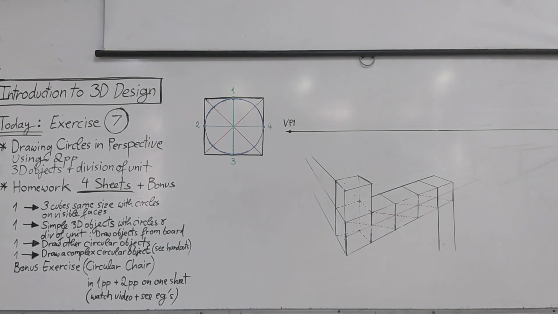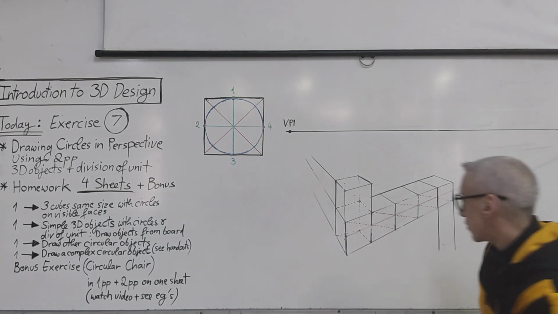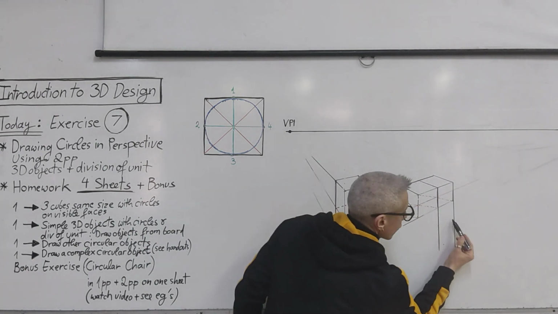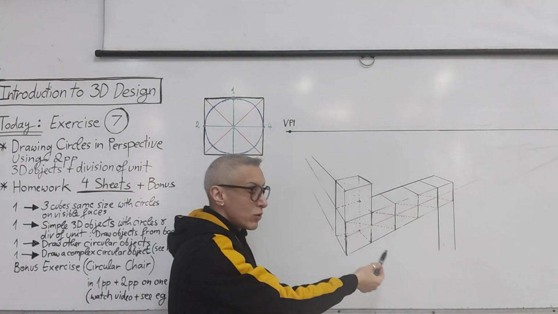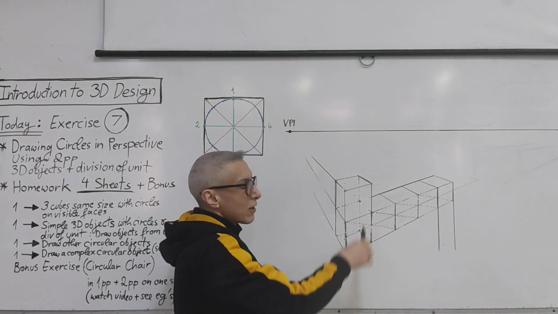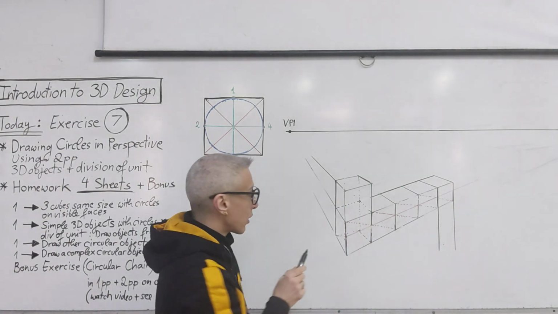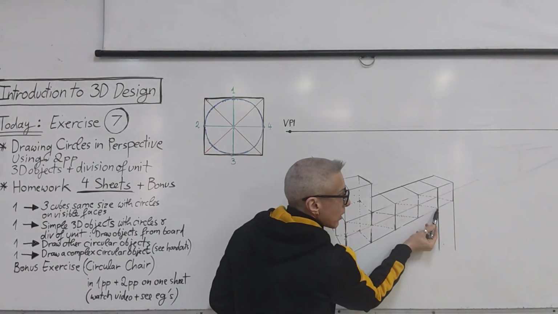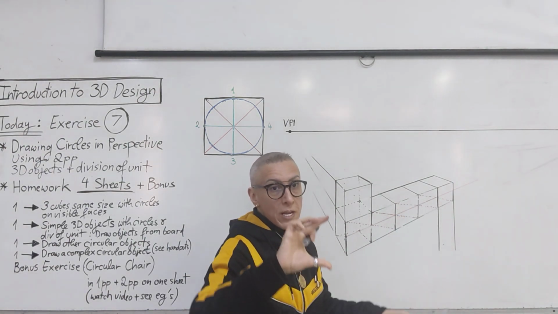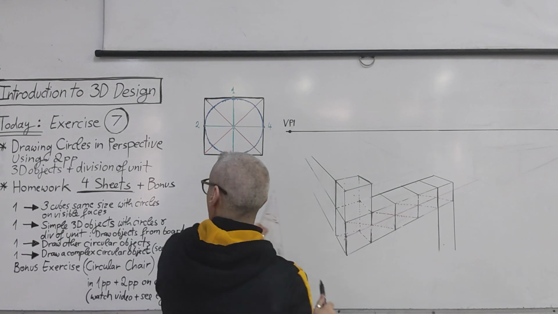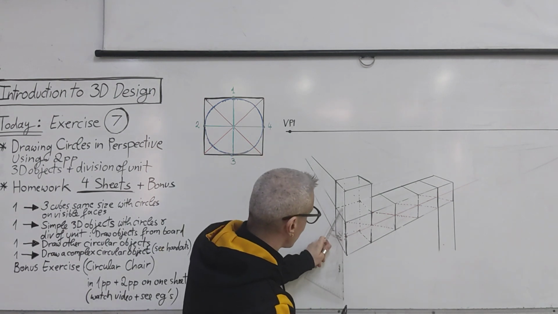But we don't know where they stop. Here, where? So we have to go back to the first edge, because we said they're 5 centimeter cubes. We cannot measure 5 here, because in perspective it will look smaller. So we have to go back to the first edge.